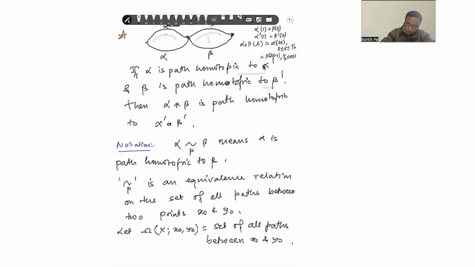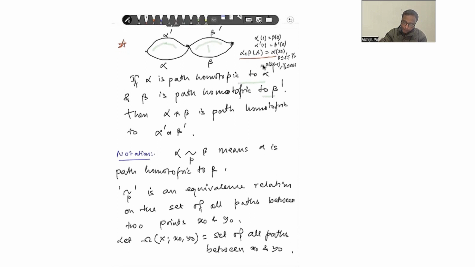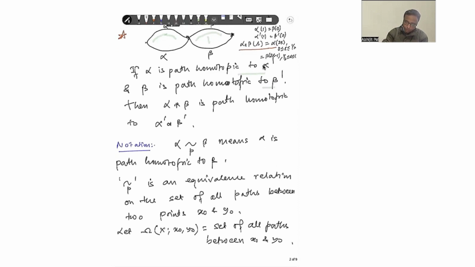This is the definition of alpha star beta. Similarly, you can define alpha prime star beta prime. And now what is the result? If alpha is homotopic to alpha prime and beta is homotopic to beta prime, then one can prove that alpha star beta is path homotopic to alpha prime star beta prime.